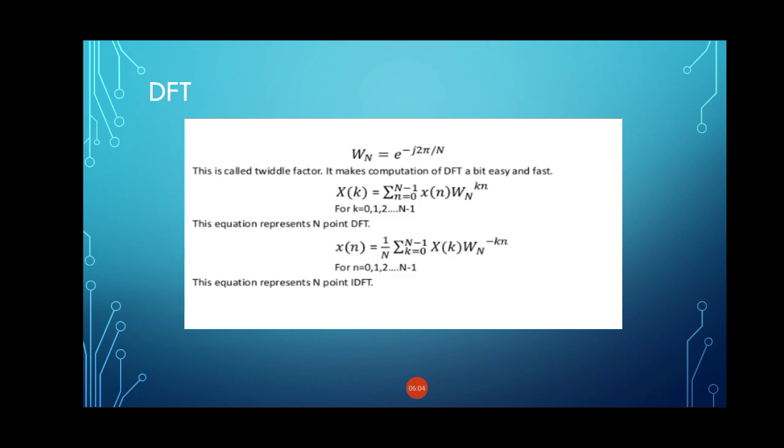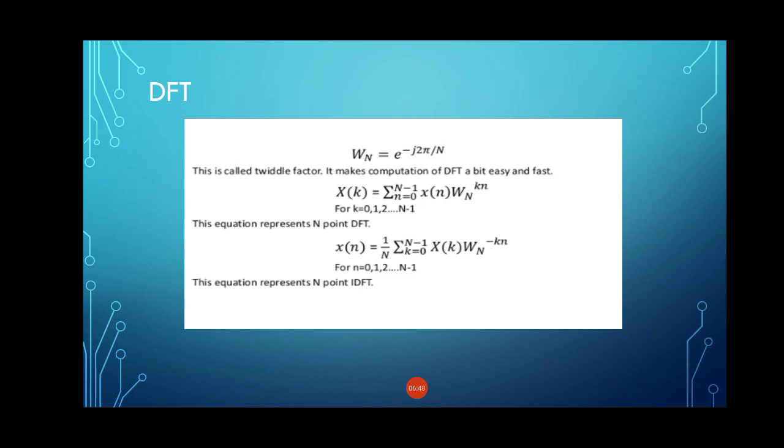So in the equation of DTFT, if we put the limits as 0 to N minus 1 and omega is broken into twice pi by capital N into k in e to the power minus j omega, what we will be getting, if you note carefully, is our X of k, that is the equation for DFT. Now the new term here is W_N.